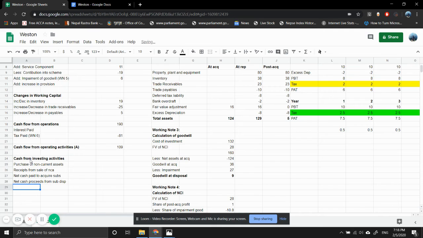Subsidiary disposal, and then cash paid to acquire associate, right? And then dividend received, interest received, right?